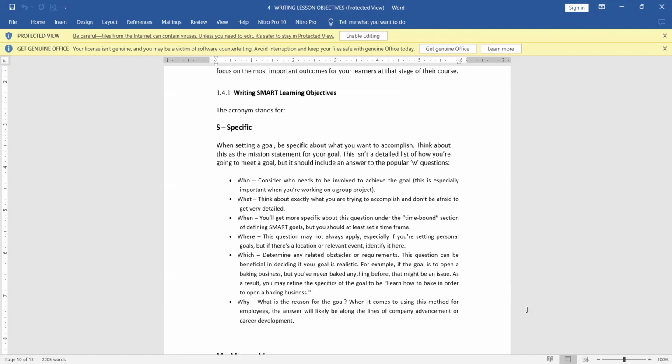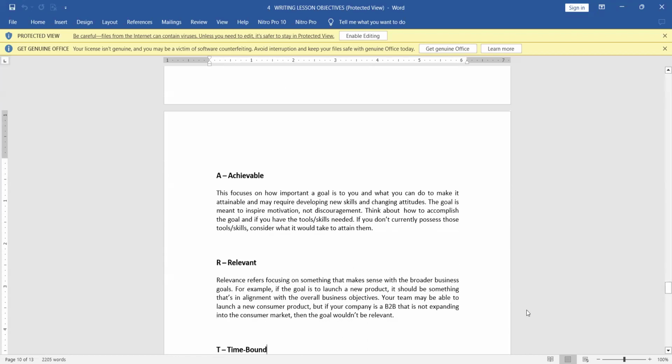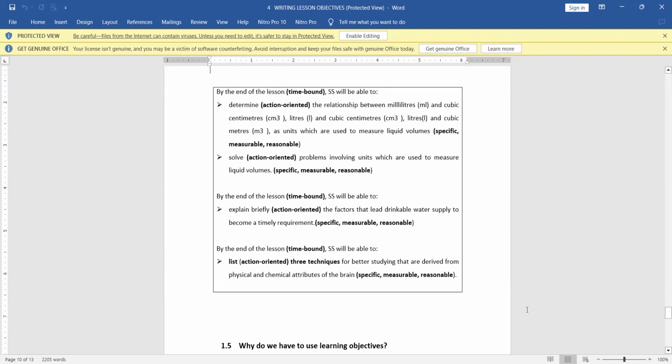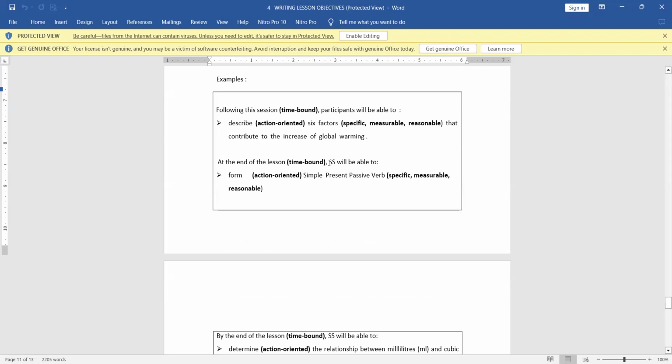These are the examples: Following this session, participants will be able to describe 6 factors that contribute to the increase of global warming. That is a specific objective written.